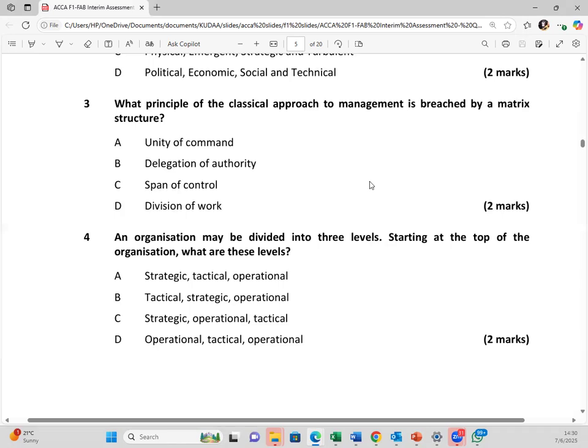So with the matrix structure, I said we are more concerned about getting things done. So if you see something wrong, everyone can chip in and help. So what principle is challenged by the matrix structure?